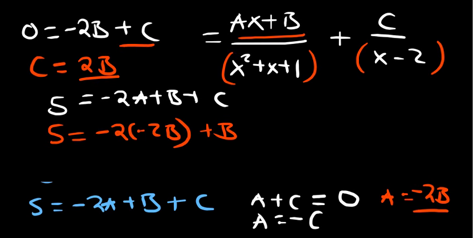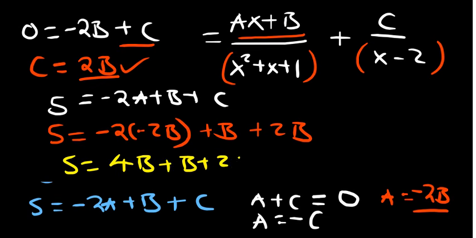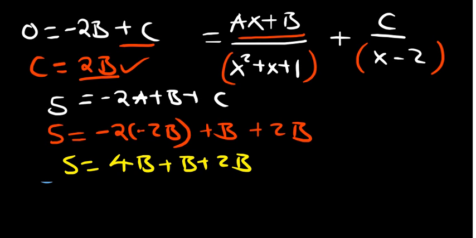Then our c is equal to 2b. So what do we have? We have 5 is equal to 4b plus b plus 2b. At that point, what do we get to have? So 4 plus 1 is 5, plus 2 is 7b.